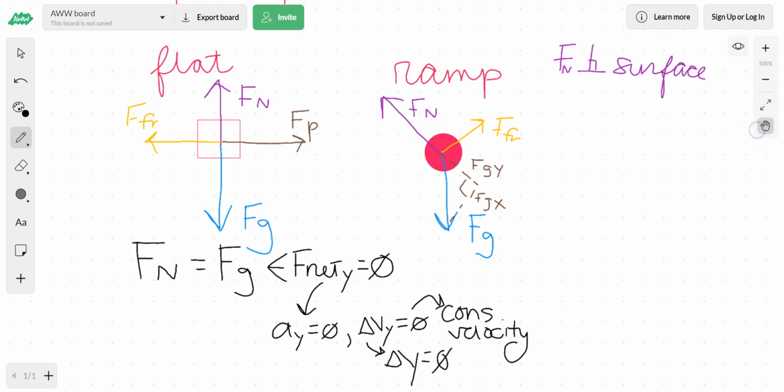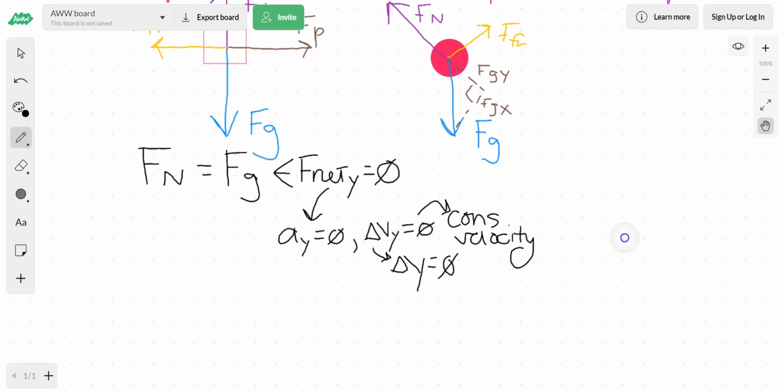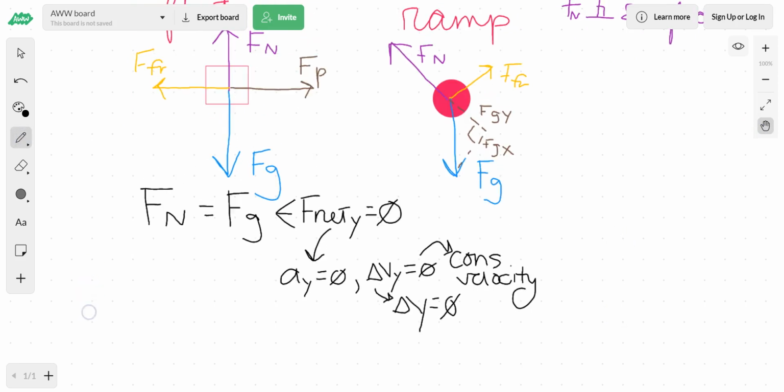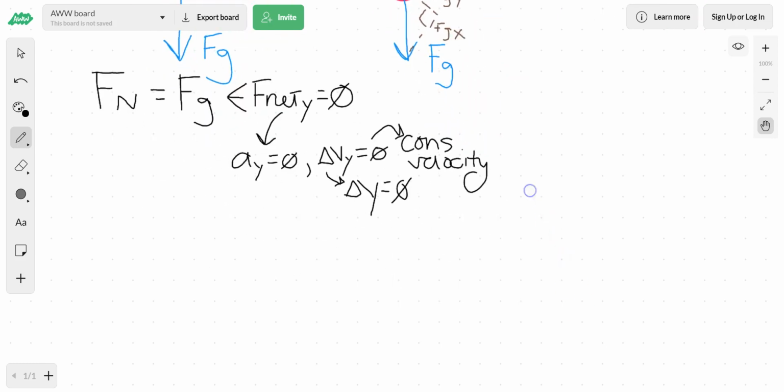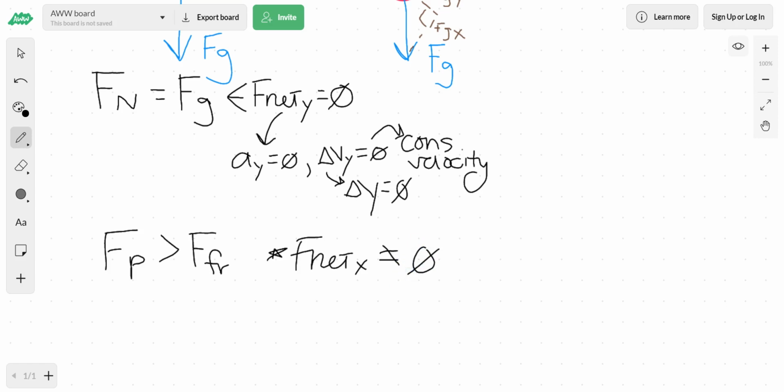All right, now if your left to right forces in this diagram are unbalanced, so that would mean for unbalanced forces that your force of push or pull is greater than your force of friction. That means that you do have an F net in the x direction. So F net x does not equal 0, which means that acceleration in the x direction does not equal 0.